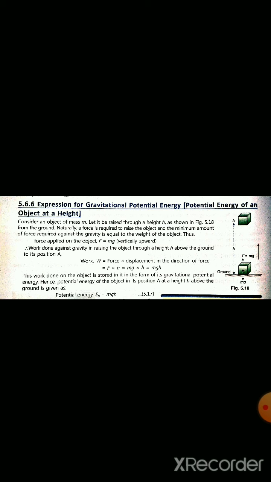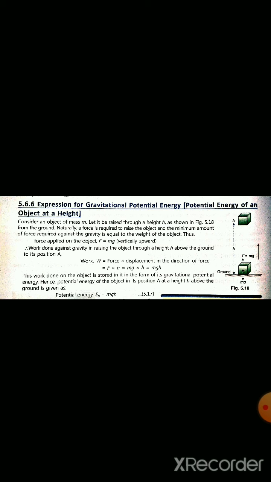Now we will see the derivation of potential energy. What is the formula of potential energy? Ep, where p denotes potential energy, equals mgh. Let us consider an object of mass small m raised through a height capital H from the ground.